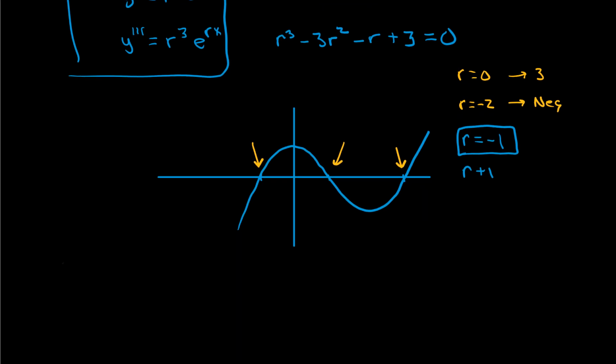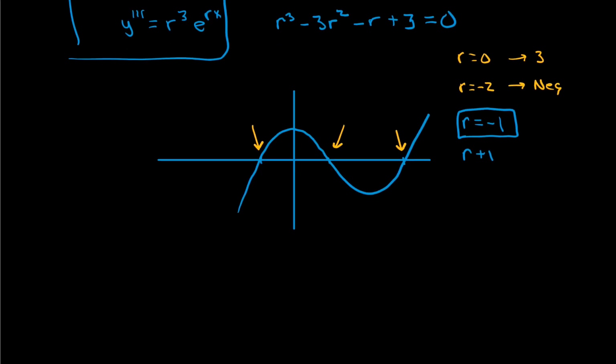So we can take this polynomial, r cubed minus 3r squared minus r plus 3, and I'm going to divide that by r plus 1. You may or may not recall synthetic division. If you don't, hopefully this will bring it back to mind for you.